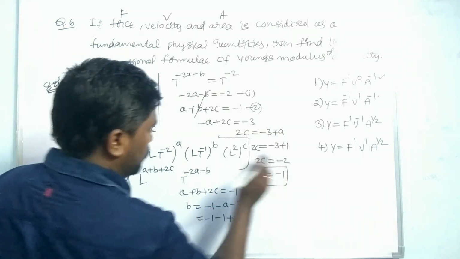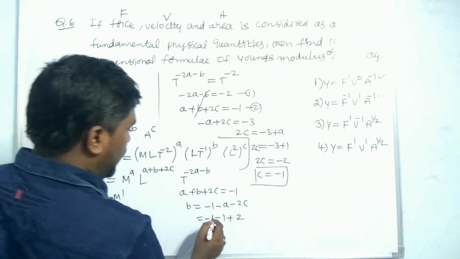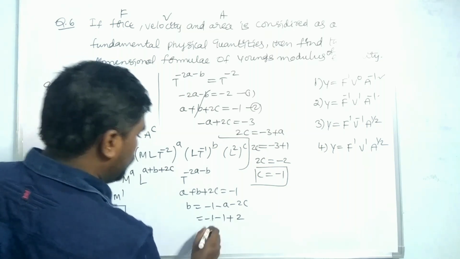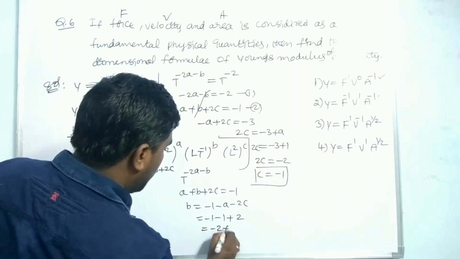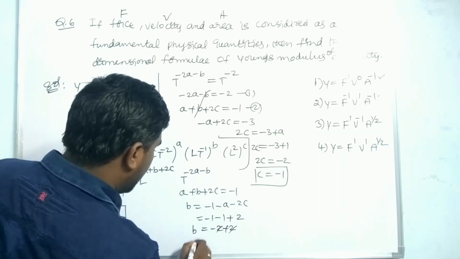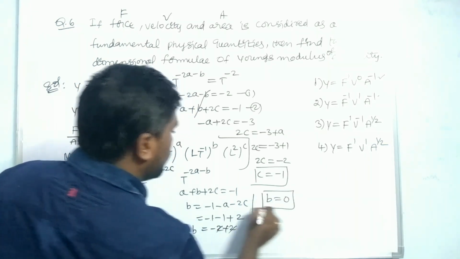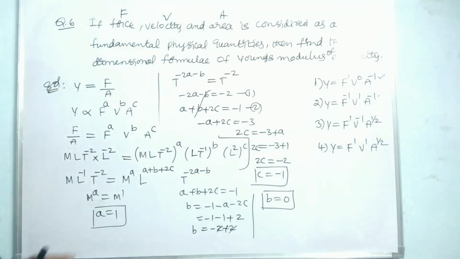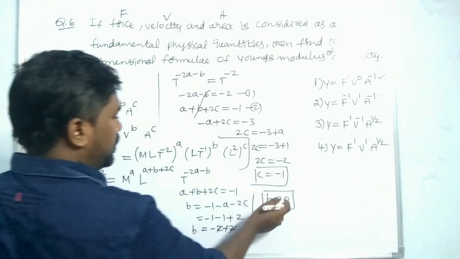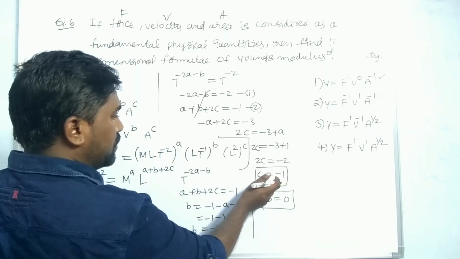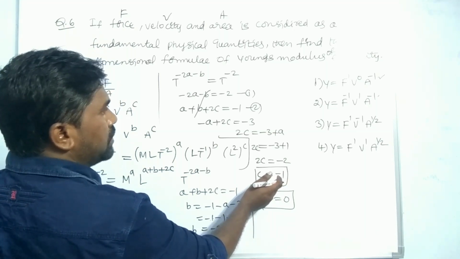So it is minus 2 plus 2, which is equal to 0. So b is equal to 0. Then a is equal to 1, b is equal to 0, c is equal to minus 1.